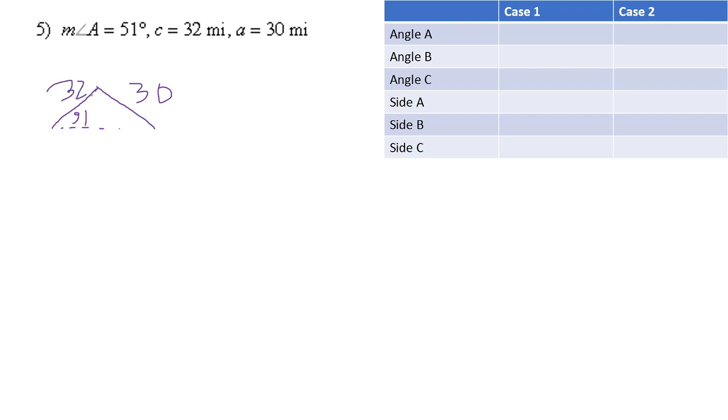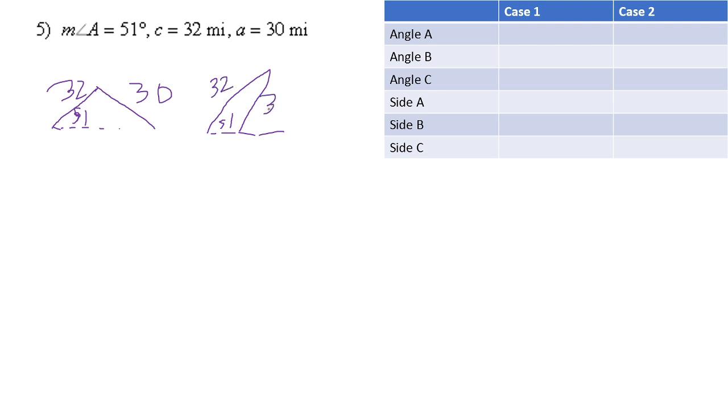So we know two sides and an angle. The reason this is difficult is because it could be like this, or it could also be slanted inward like this. So 51. It's a beautiful drawing.